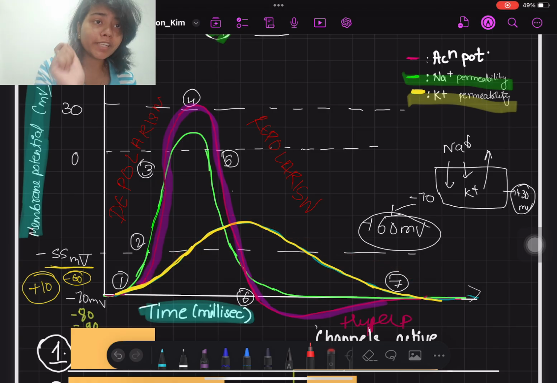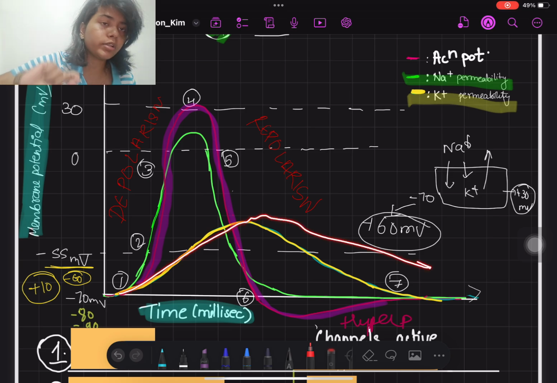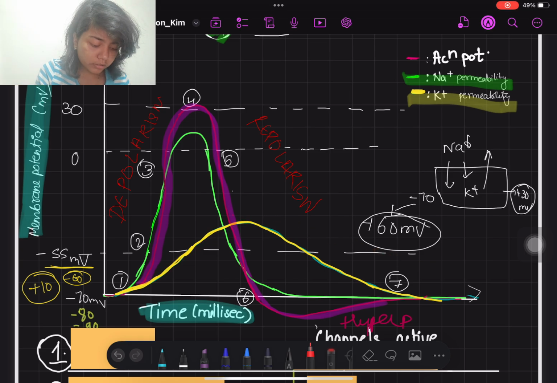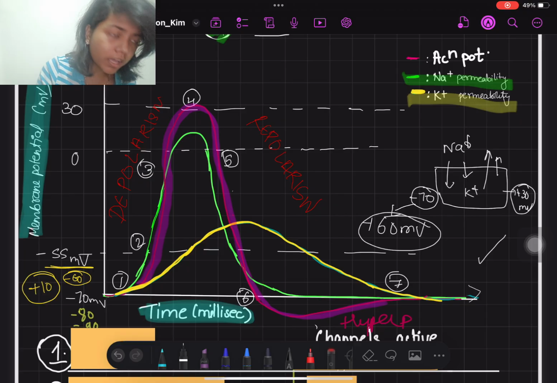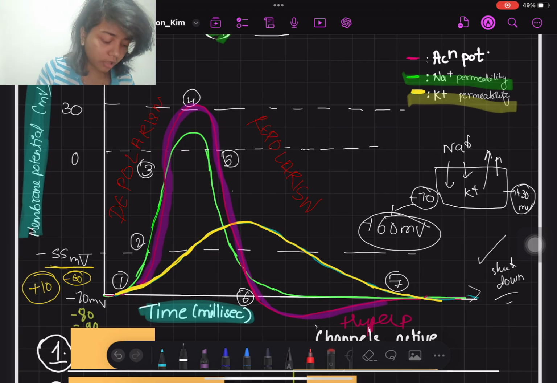The yellow graph was about potassium permeability, meaning the permeability of the membrane to potassium is rising slowly and it's also going down slowly. So when potassium efflux is happening and the membrane potential has come again close to minus 70 millivolts, potassium was following negative feedback. Meaning once your work is done, it will shut down.